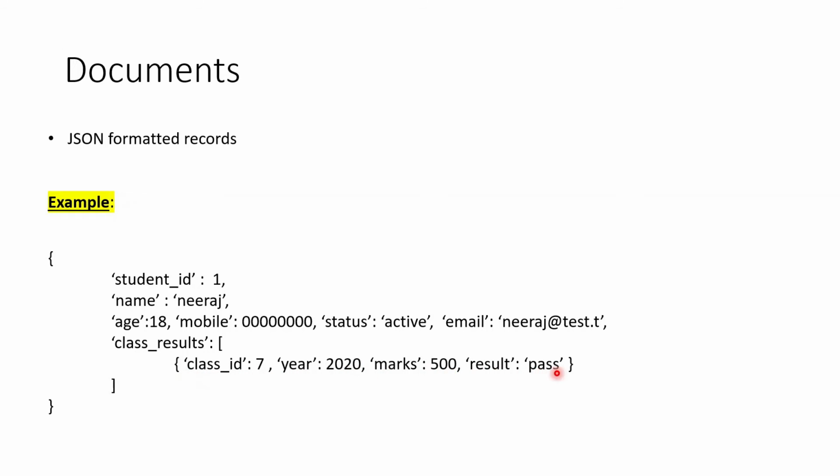This is basically called a subdocument, or nested document. This should give you a clear picture of how a complete record will look in MongoDB. Somewhere we can have an array of JSON documents, and somewhere we can have only key value pairs in a JSON document.